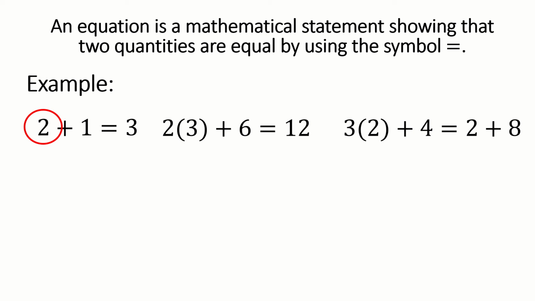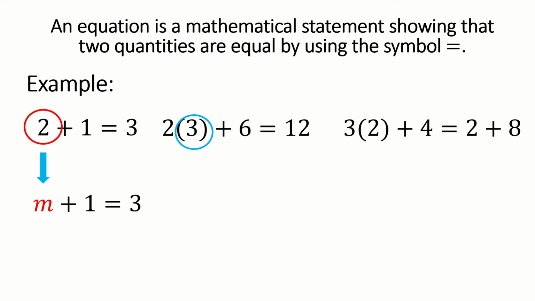Just like this, what if we don't know that it's a 2? If we don't know that it's a 2, we normally represent it with a variable. A variable can be any letter in the alphabet. For example, we have M. So let's represent something that we don't know with a variable M, and you will have the equation M plus 1 is equal to 3.